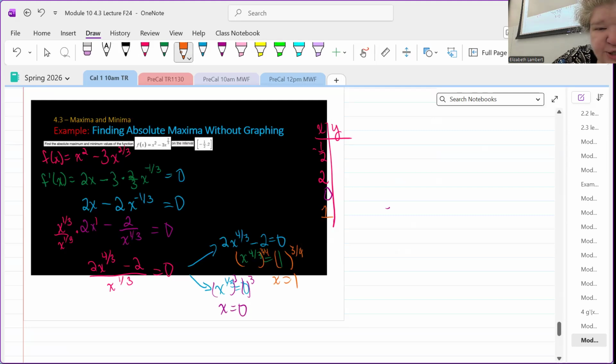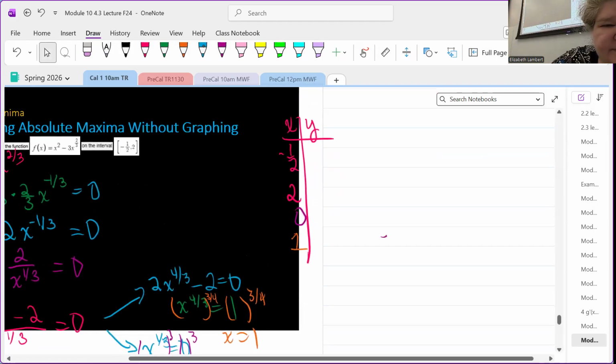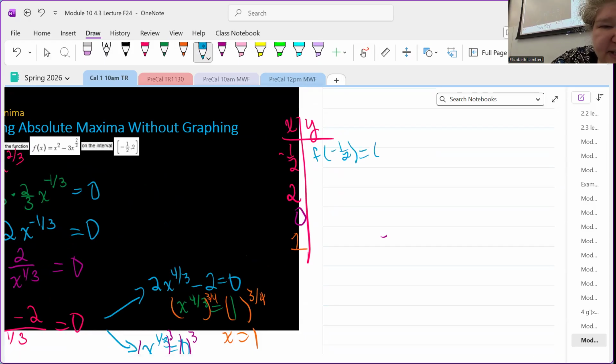All right, so now we're just plugging in these 4 values into the function. So f of negative 1/2 is negative 1/2 squared minus 3 times negative 1/2 to the 2/3.